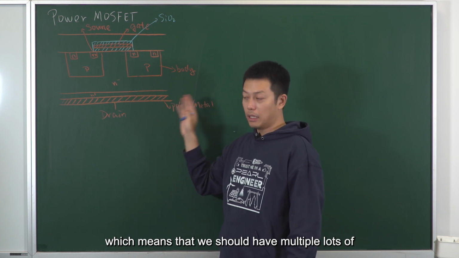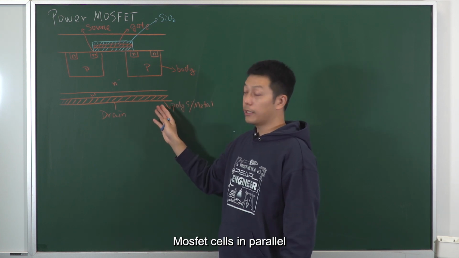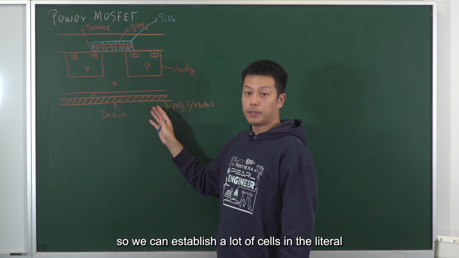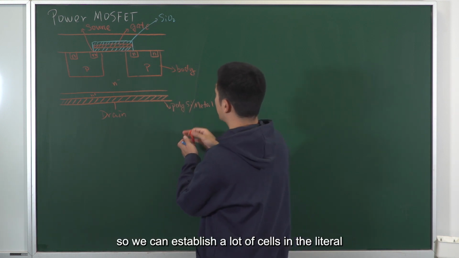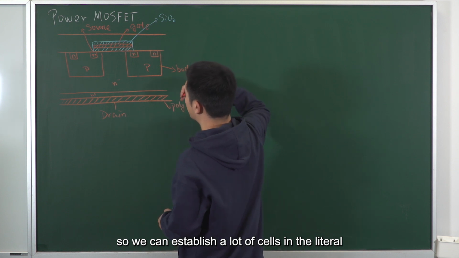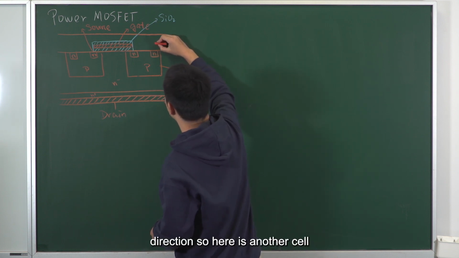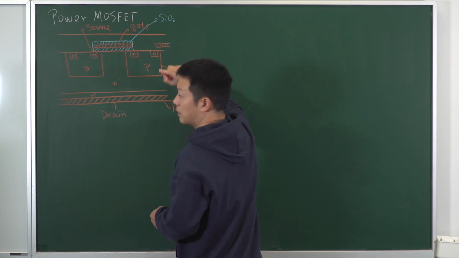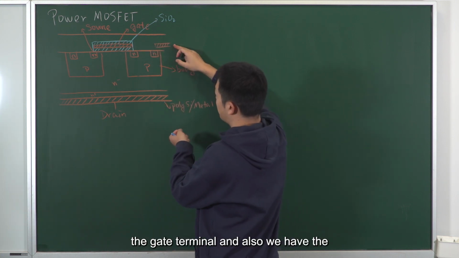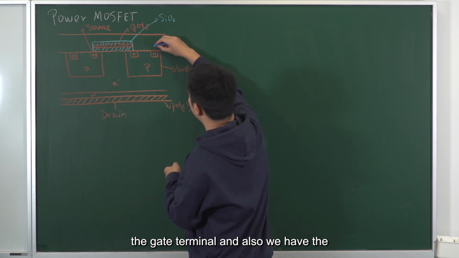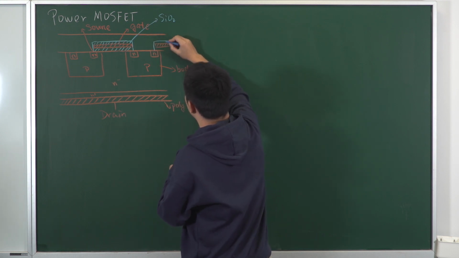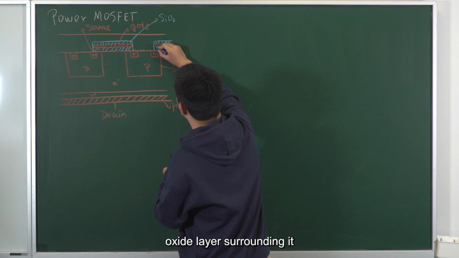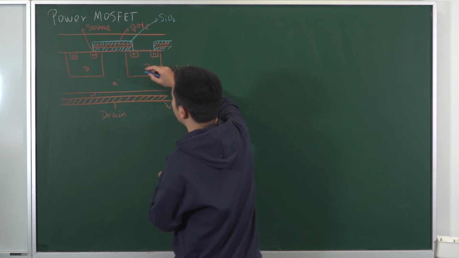But for power MOSFET, we should have very high current rating, which means that we should have lots of MOSFET cells in parallel, right? So we can establish lots of cells in the lateral direction. So here is another cell. Right, the gate terminal, and also we have the oxide layer surrounding it, and same here.